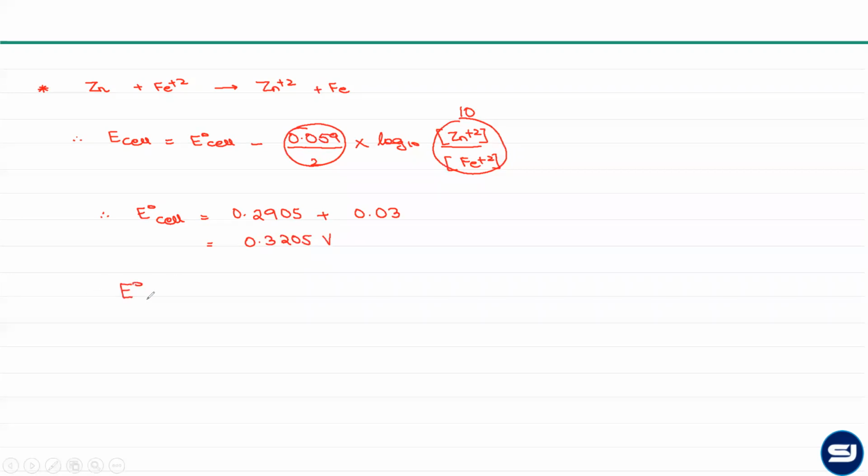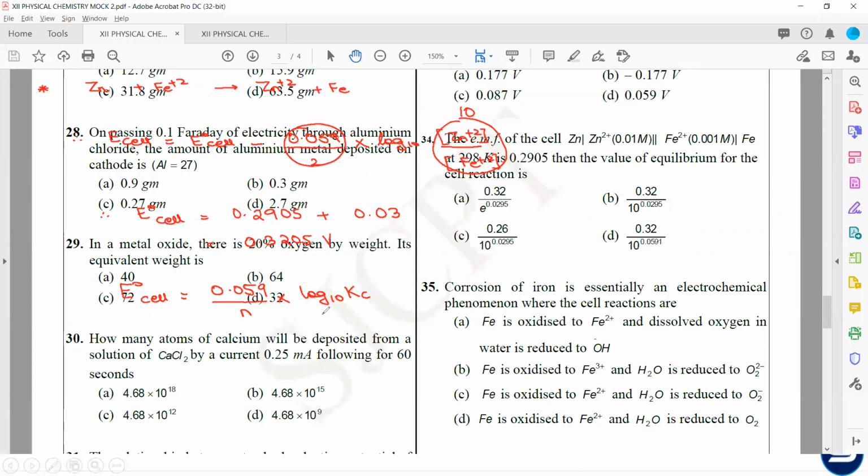Okay, now we know that E naught of the cell is equal to 0.059 on N into log to the base 10 Kc. Now if you look at the options, they are given in the form of E raised to and 10 raised to.